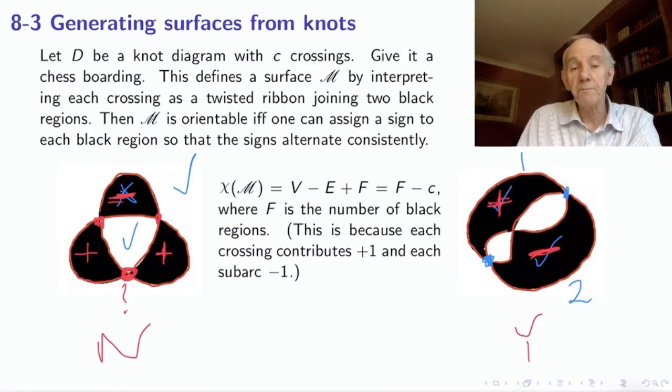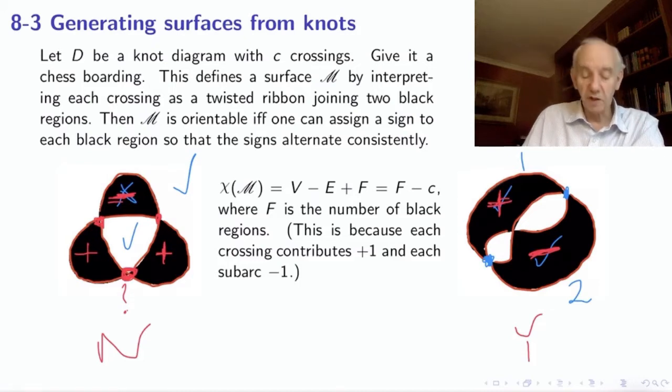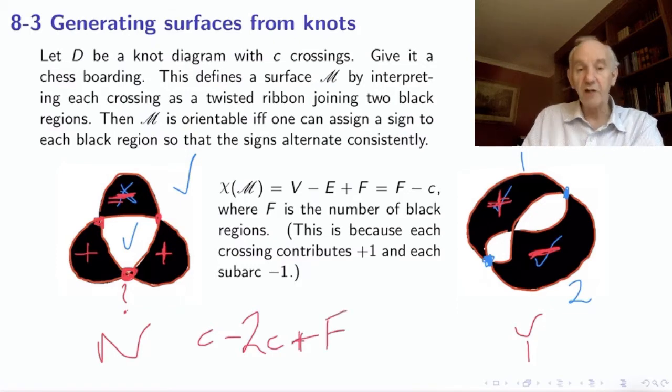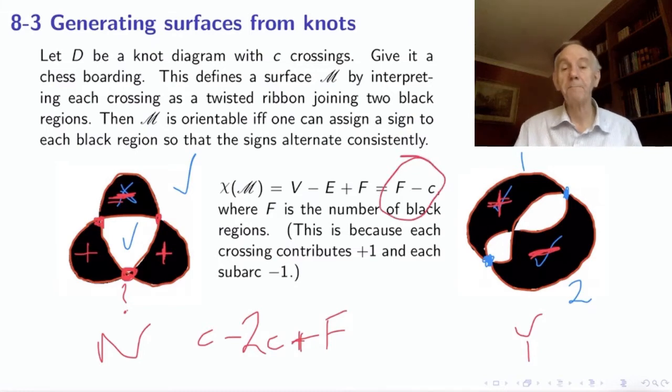There would be C vertices. So the Euler characteristic would be C minus 2C, and then how many regions do we have? Let's call it F for faces, the number of black regions. So the formula for the Euler characteristic is just F minus C.